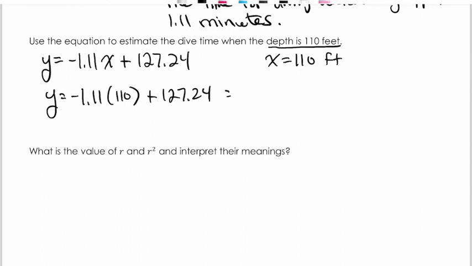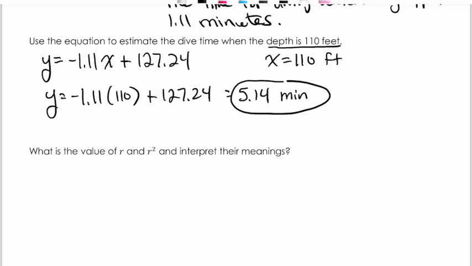When I use order of operations on the calculator and I figure out what y is, you should get 5.14. So this tells me when we're at a depth of 110 feet underwater, the dive time should be about 5.14 minutes.